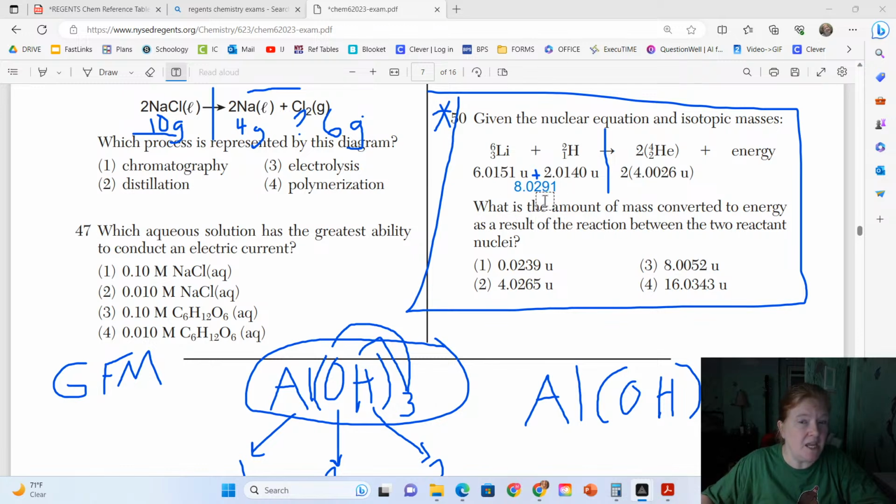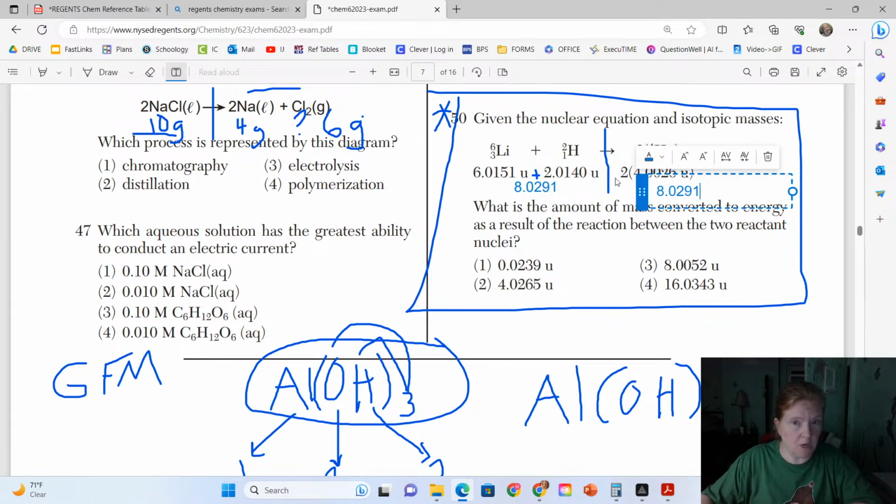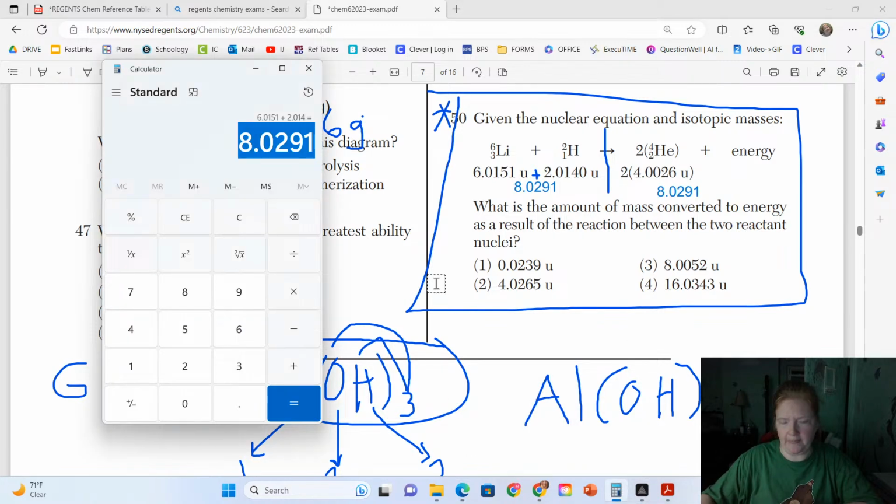So if I have 8.0291 U on this side, I should have this on this side. That's conservation of mass, right? They should be equal, okay? So do you see how this is 2 times that? Let's see what that is. 2 times 4.0026 equals this.